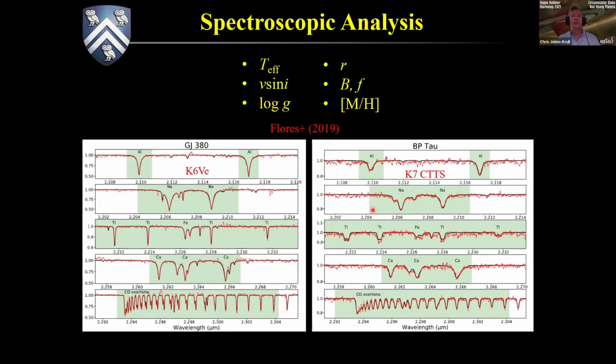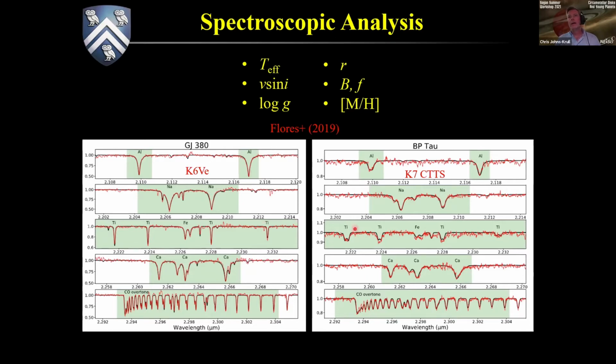Shown here is a spectroscopic study that shows a main sequence star, GJ 380, and a classical T Tauri star, BP Tau. And you can see the lines look different in a number of ways. The width of these CO lines down here can tell you about the V sin i, the rotation. The wing shape of these strong lines like sodium and aluminum can tell you about gravity.